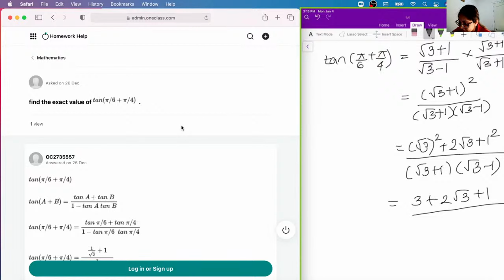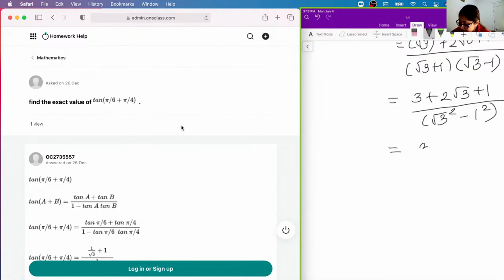And if you look at the denominator, this basically resembles a squared minus b squared. So you can further simplify this.